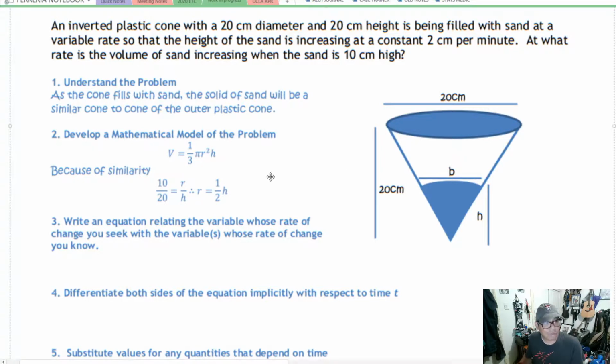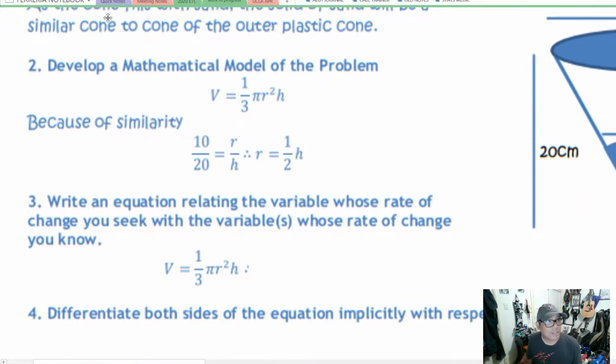Now for number 3, we're going to write the equation relating the variables. Basically, we're going to take the volume equation and substitute into it. So if we have our 1/3 pi r squared h, then we're going to substitute this r with 1/2 h.